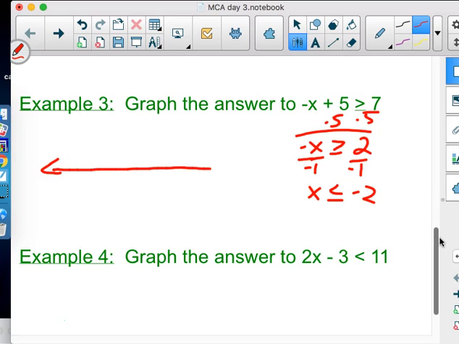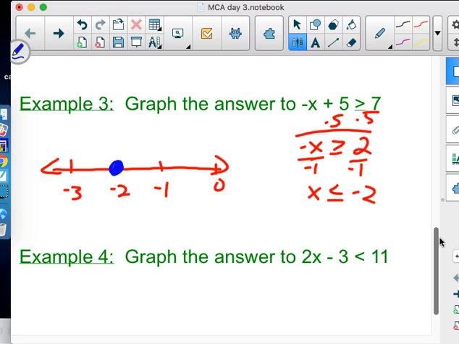Alrighty, little bitty number line, -3, -2, -1, 0. And here's where we pull stuff way, way down deep out of the memory banks. Open or closed dot at -2? Closed, it has an equals bar, that's closed.